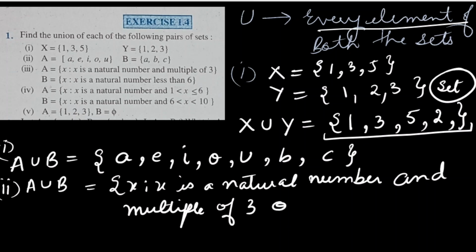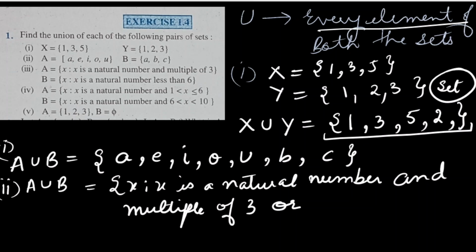You can write here "or". I have explained in the previous video also, union means "or". As the elements are infinite, A's elements I have written, now I have to write the elements of B. That's why I am writing here "or", a natural number less than 6.